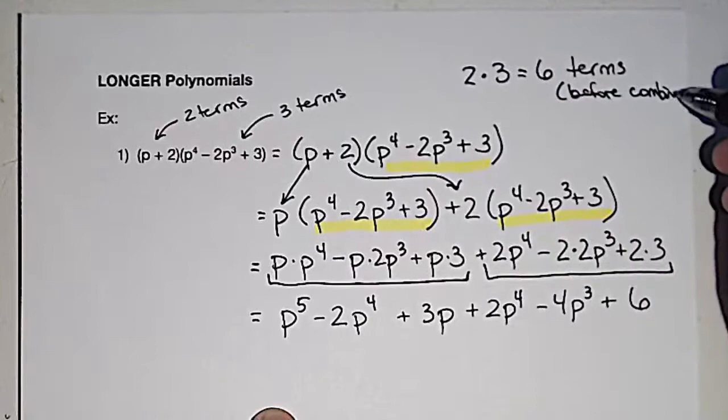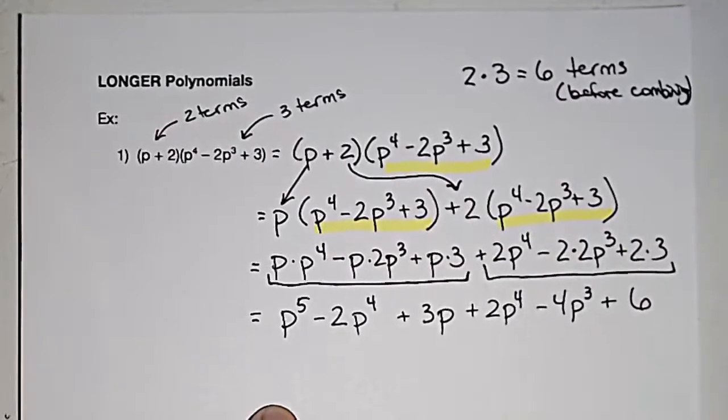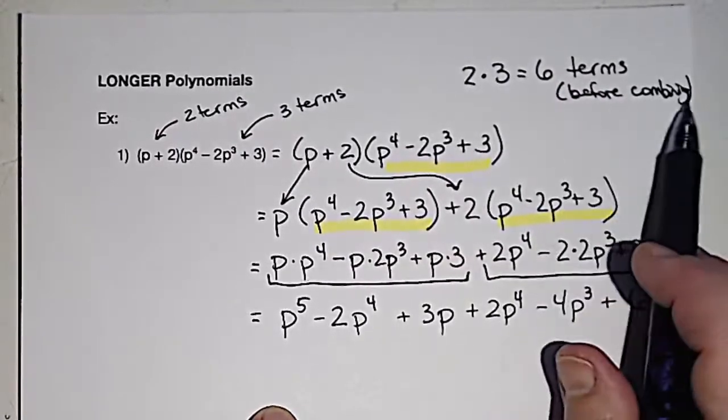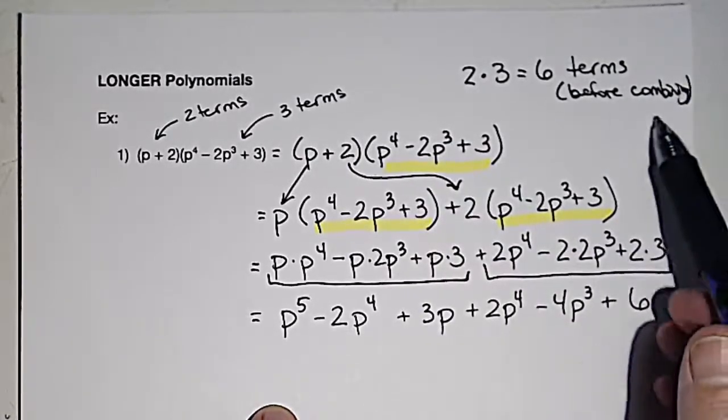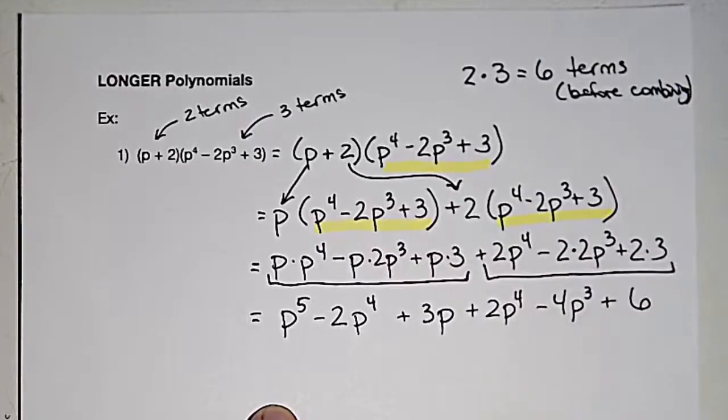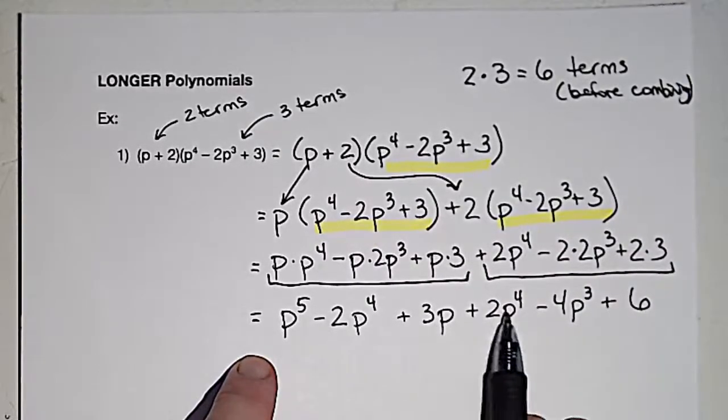Uh-oh. Well, there wasn't really enough room. I swear it says before combining, but that's kind of what it says. So there should be 6 terms before we combine. 1, 2, 3, 4, 5, 6.